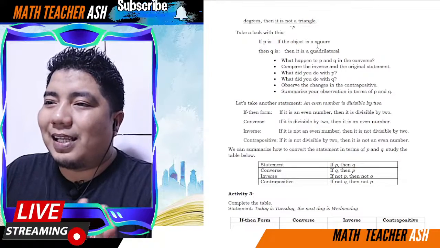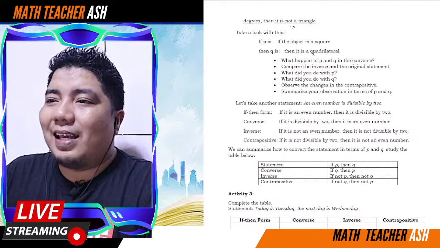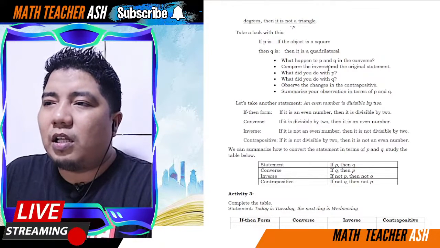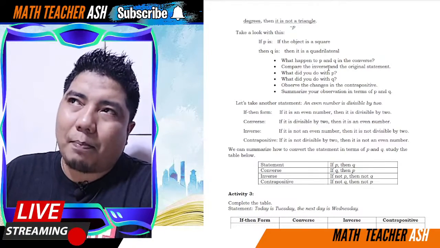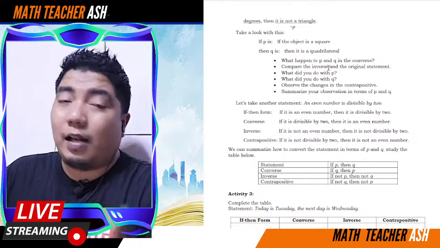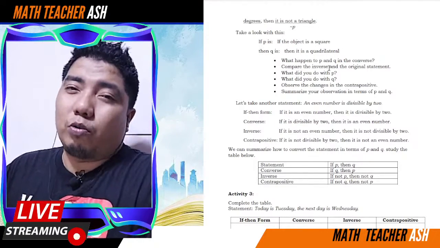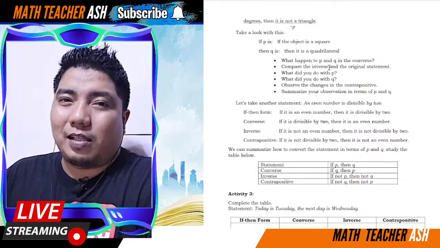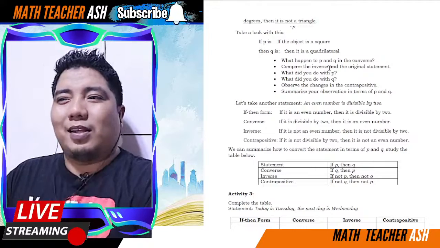If the object is not a square, then it is not a quadrilateral. Hindi din yun somehow tama, pero hindi parati, because marami kasing klase ng quadrilateral. You will know that when you turn into grade 9, kasi may geometry lesson doon about quadrilaterals.